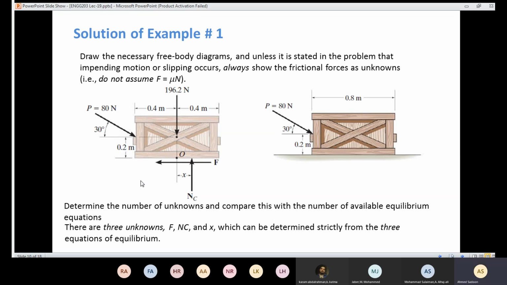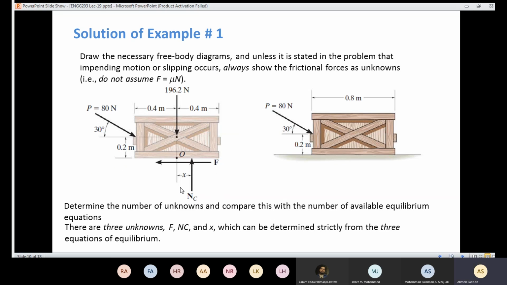Then we need to determine the number of unknowns and compare it with the available equations. We are going to use the equations of equilibrium, which means that we are going to have 3 equations. And here we need to know the unknowns. We have the frictional force, we don't know.